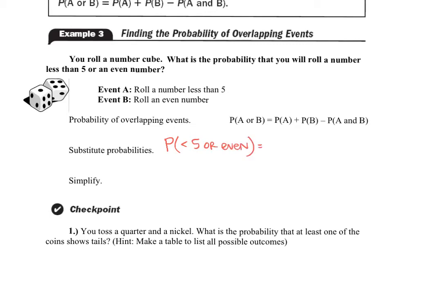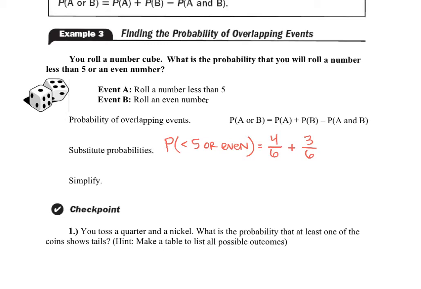Okay, so the probability of getting a number less than 5 is 4 over 6. There's 6 possibilities. There are 4 numbers that are less than 5. Then the probability of getting an even number is 3 over 6. Now, if all I did was add those two fractions, I would get 7/6, which doesn't even make sense. I can't have a probability that's greater than 1.